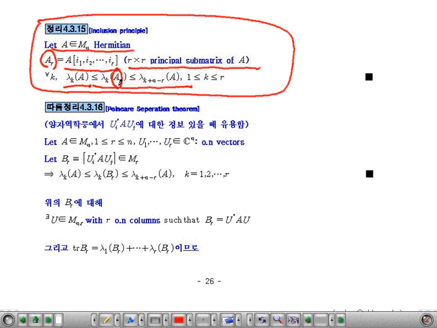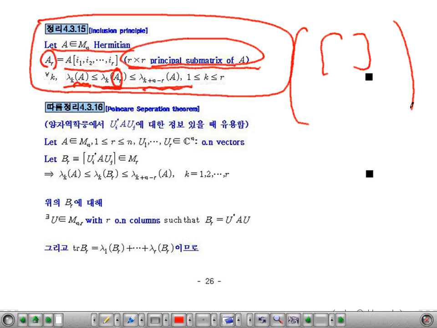Here, this is a principal submatrix of A. The kth eigenvalue of that principal submatrix of A has a relationship with the eigenvalues of the original one. This is called the inclusion principle. So even with a principal submatrix of A, the submatrix also has some relationship with the original matrix in the sense of eigenvalues.